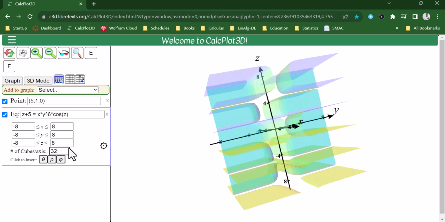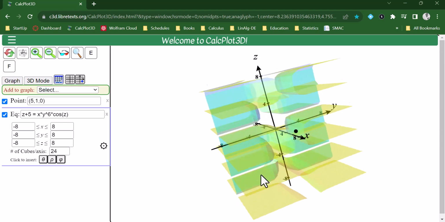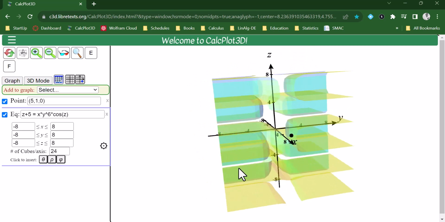Let's go 24. Okay, my computer is slowing down already quite a bit. So it's going slow, but it's moving, and you can see that graph, that point.